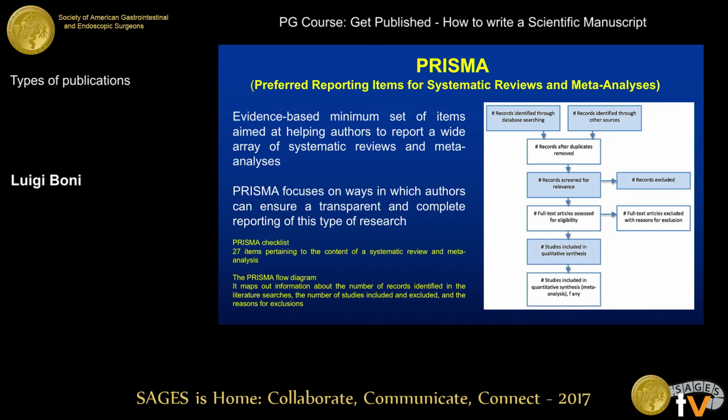This is extremely important because now it's been defined, and in order to have a scientifically valid meta-analysis, you should go through these items and this flowchart in order to avoid wasting your time and giving a meta-analysis based on very poor papers that do not give you any good result.